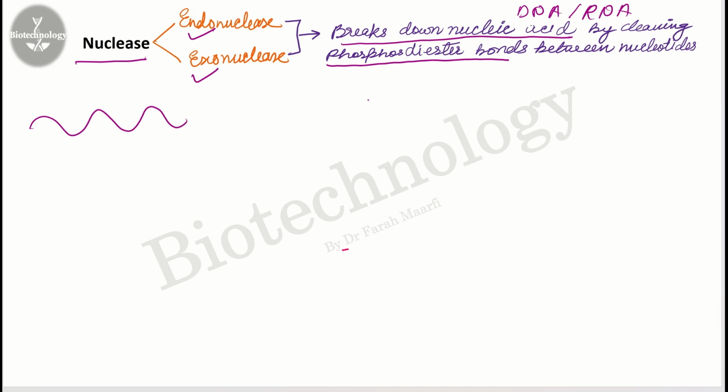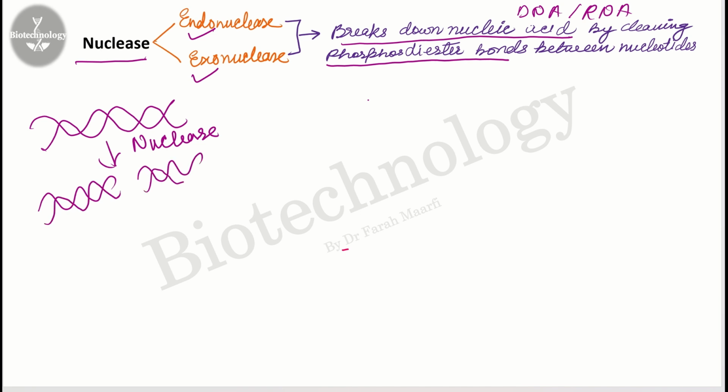Suppose this is a DNA molecule, and when you treat it with some nuclease, it will chop down the DNA molecule into different fragments. Now you get here two fragments, fragment 1 and fragment 2, right?